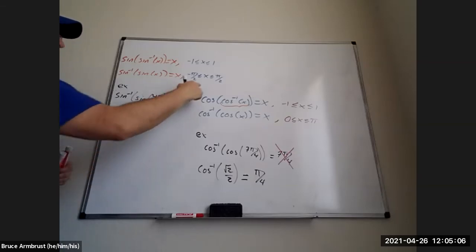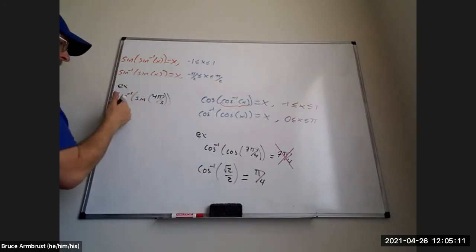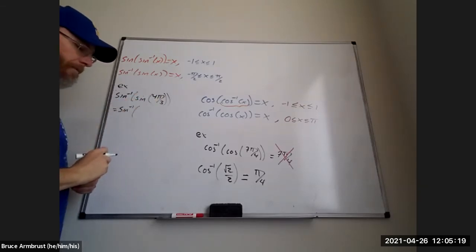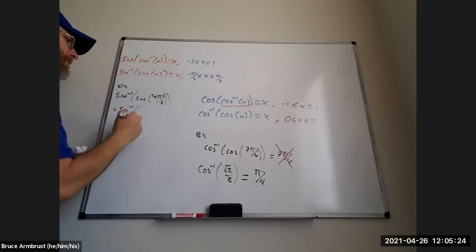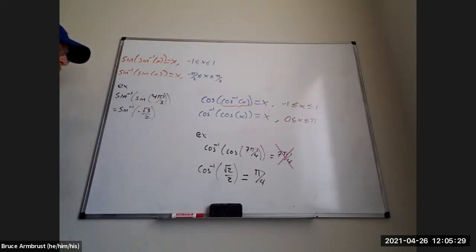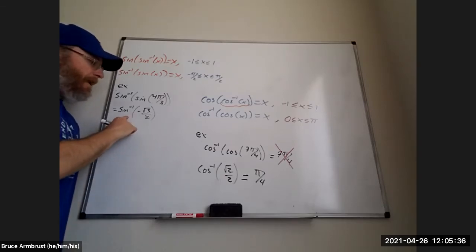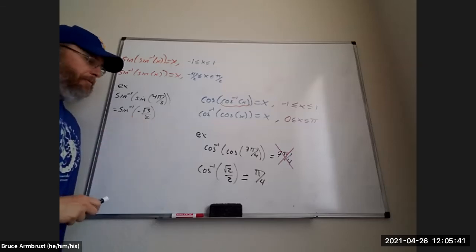Because 4pi/3 is not in this interval, we can't just cancel those out. Instead, we think about what the sine of 4pi/3 is. If you look at your chart and go down your list, sine of 4pi/3 is minus √3/2. Now we need the angle between -pi/2 and pi/2 that gives us minus √3/2.